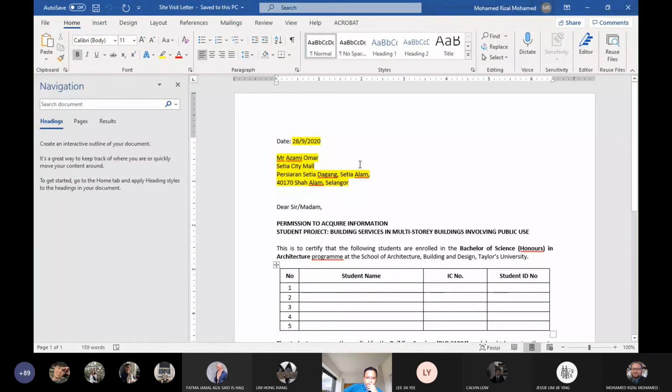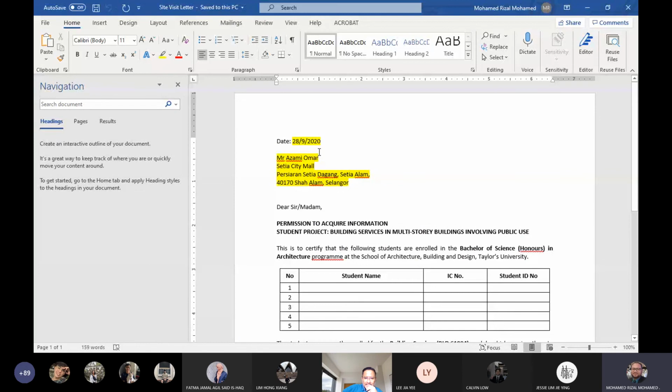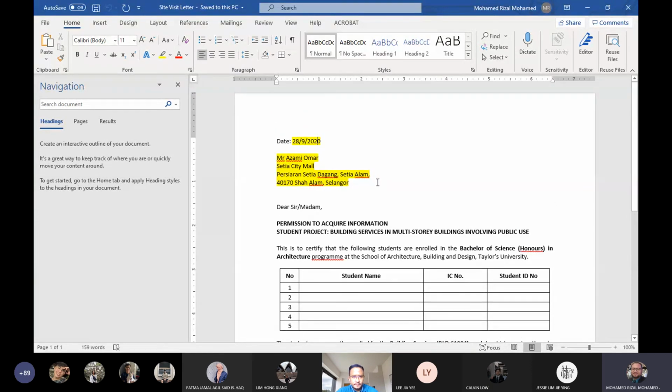Okay, so this is how the format looks like. Can you see the screen? Yes. So you need to change the dates here. You need to provide the name of the person in charge, the name of the company or building, and the address. This is an official letter, so you need all of this.